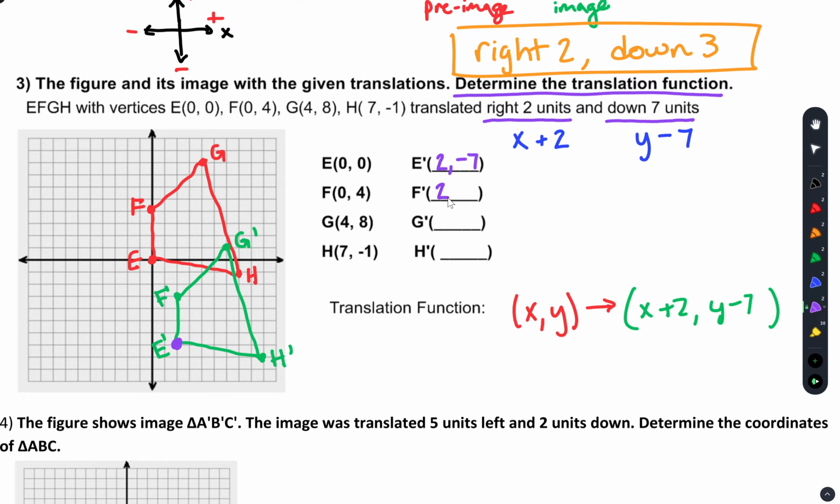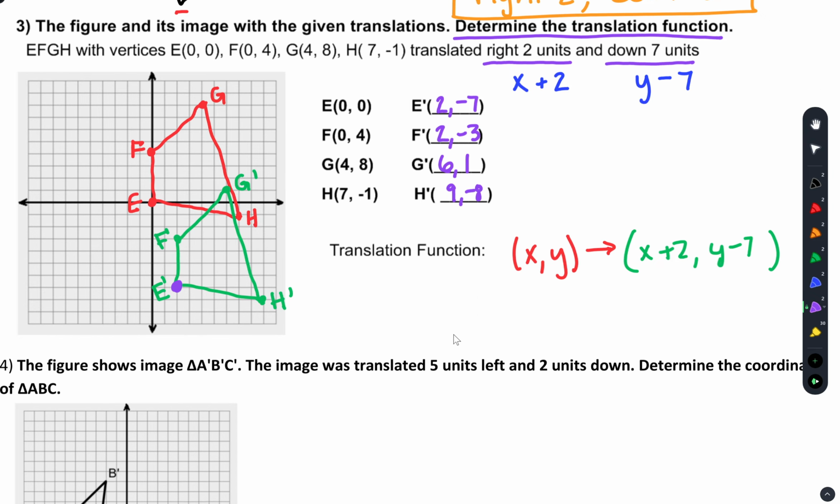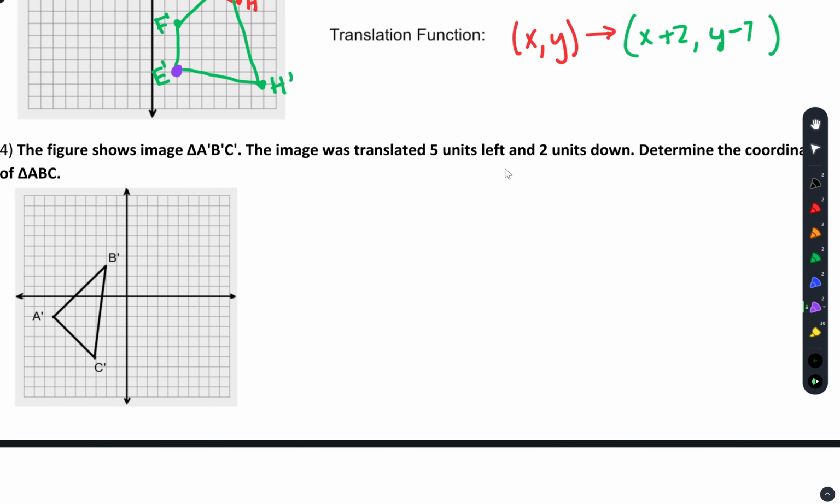Let's finish off these coordinates. And we're done. Now, the difference between examples 3 and 4 is that 4 shows the image, triangle A'B'C'. If this is the image, and we are trying to determine the coordinates of ABC, which is our pre-image, we are going to have to work backwards.